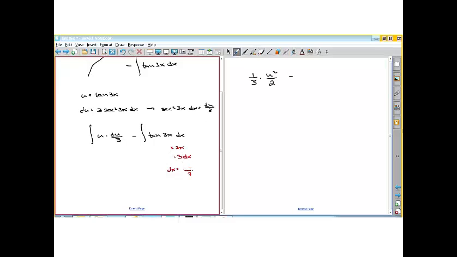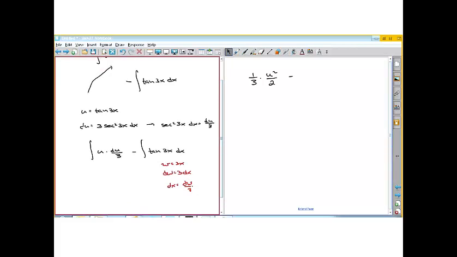Okay, let's change that to w, so dw divided by 3. Now, this second part becomes minus the integral of the tangent of w times dx, which is dw divided by 3.